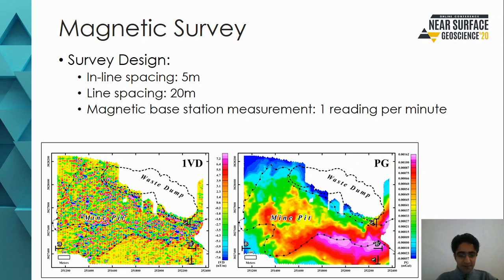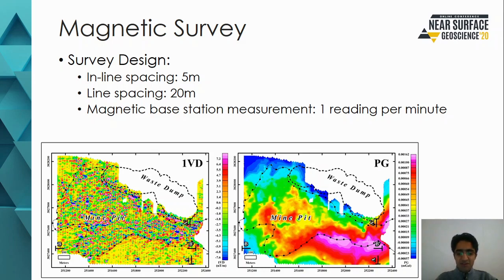The first vertical derivative of the TMI is also like the analytical signal, but I would like to focus on the pseudo-gravity here, which is somewhat similar to the upward-continued RTP, but in fact it inherently highlights much more detail about the subsurface variation of the magnetization, or the presence of the magnetic minerals.